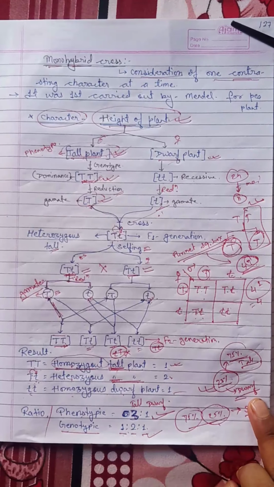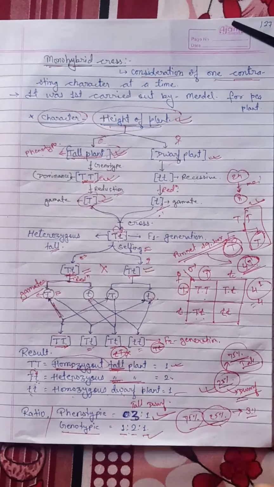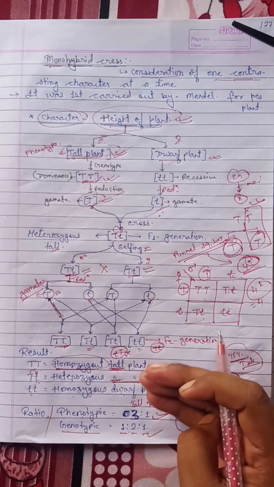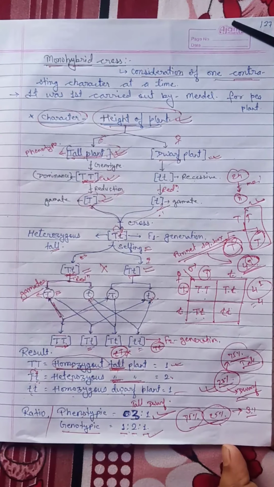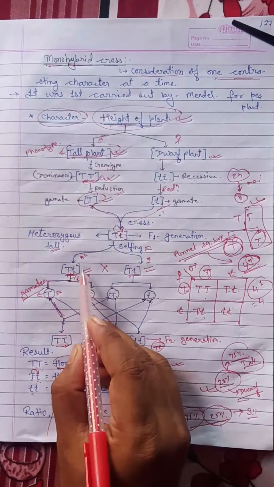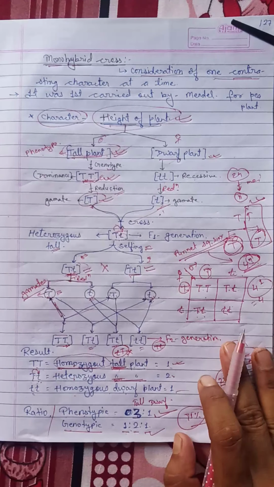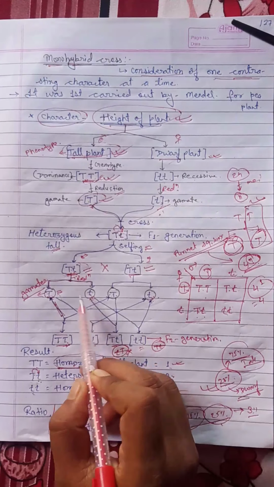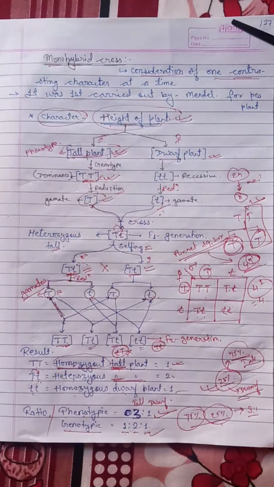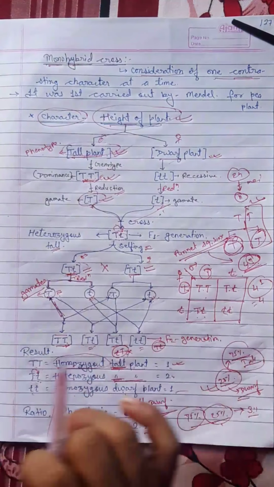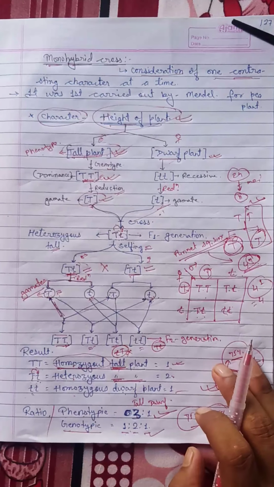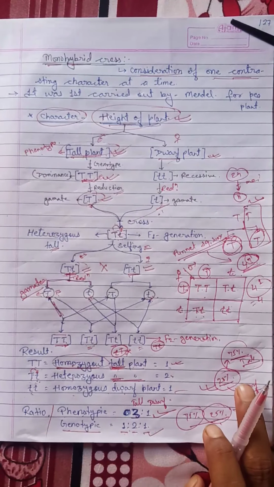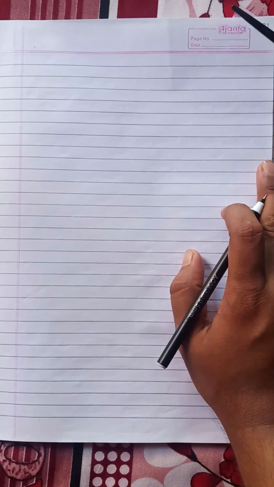Now I introduce the number of gametes and types of gametes: in a hybrid cross, how many gametes and how many types of gametes will be formed, we are going to see here, okay. So write a question about the number of gametes and types of gametes.